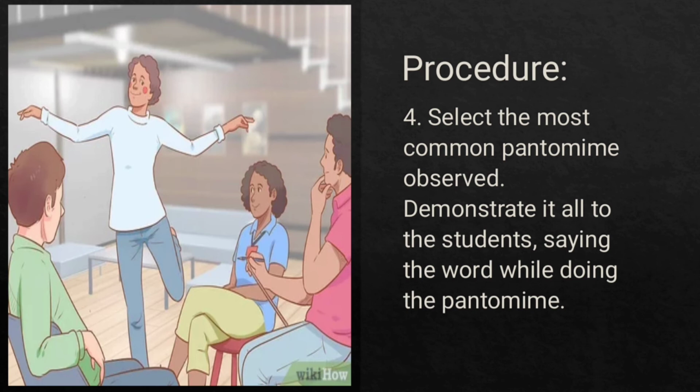So the teacher will select that student and let that student be an example in front of the class of how they do the gestures, just to relay to the viewers what they really wanted to relay.